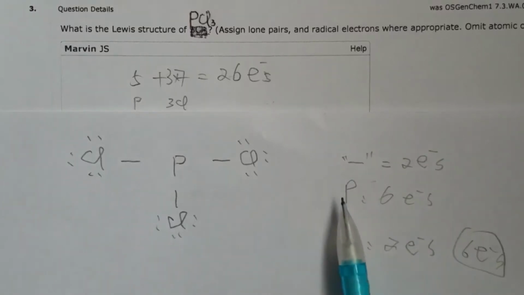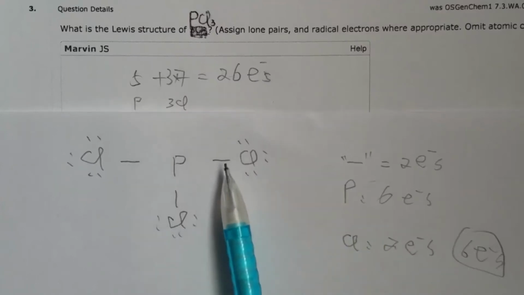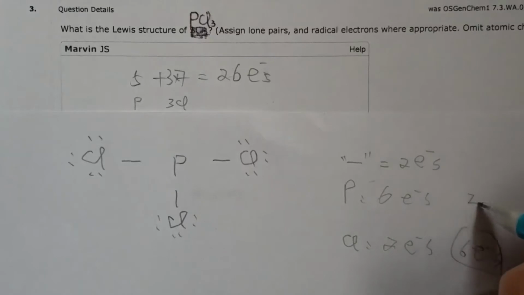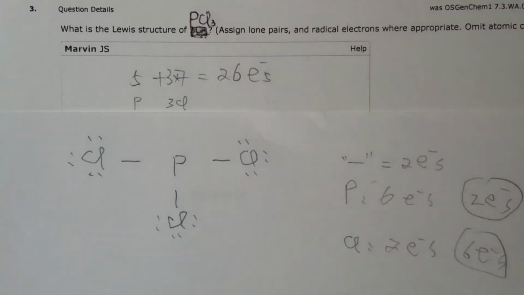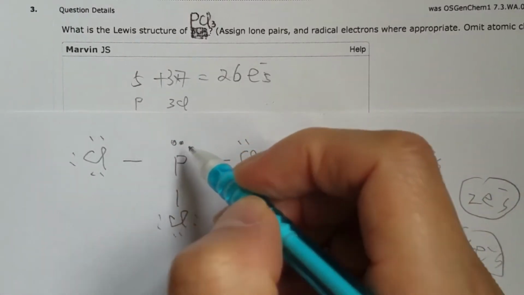Now let's take a look at phosphorus, the central atom. It already has 6 electrons surrounding it. It will need 2 more electrons to satisfy the octet rule. So 2 electrons, 1 pair. Okay.